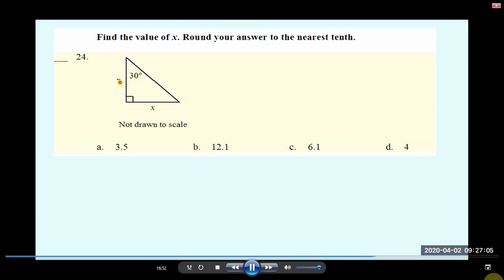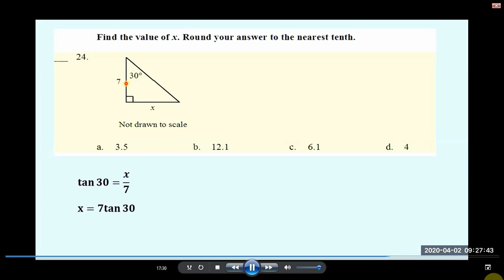And the given side, which is 7, what's the position? Adjacent. Excellent. What is the ratio between opposite and adjacent? Sine, cosine, or tan? Tan. Then I will take tan 30 equal x over 7. To get x, just cross product, then x equals 7 times tan 30.